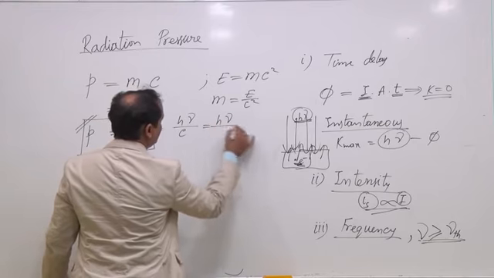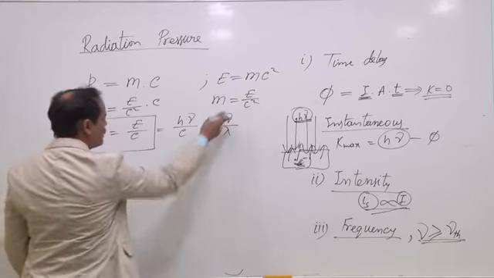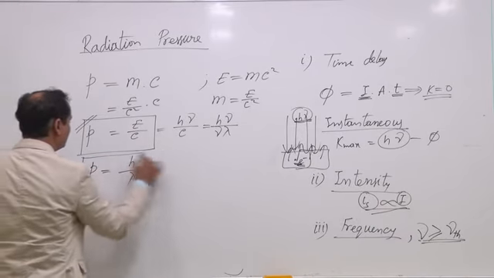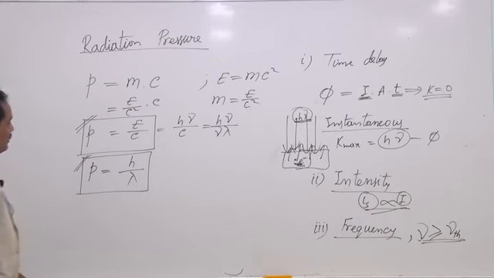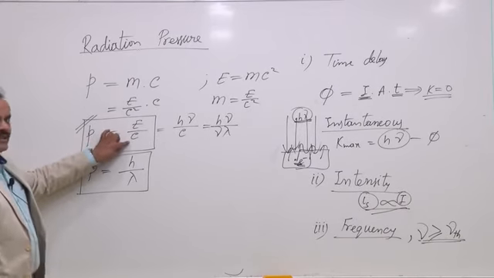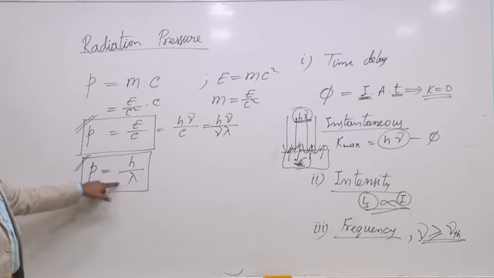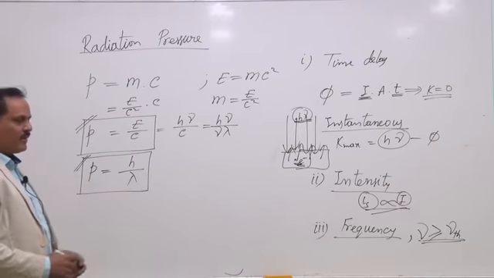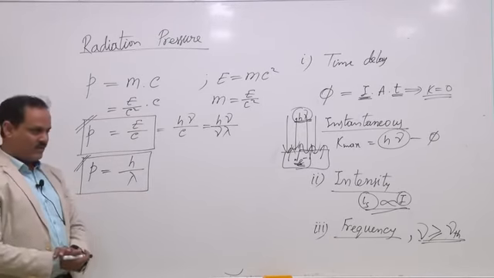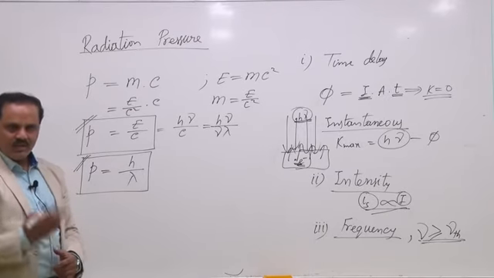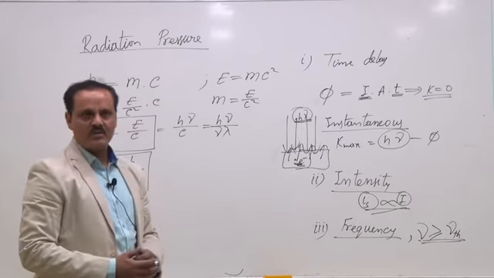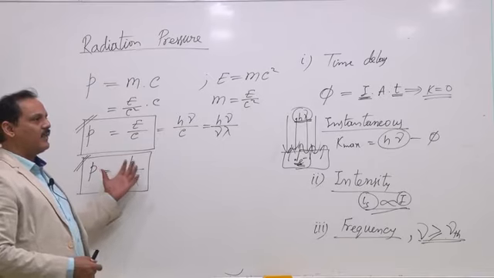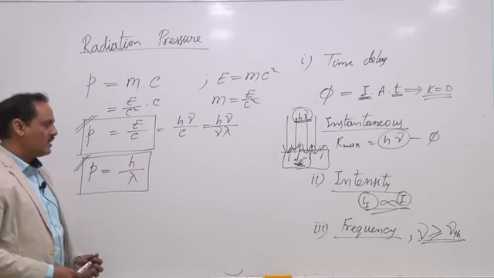And as you already know, speed is equal to frequency times wavelength, so we can also write the momentum of a photon as h/λ. So the momentum of a photon is either E/c or h/λ. When a photon strikes a surface, it may rebound from the surface and its momentum will change, and you know the rate of change of momentum is force, and normal force per unit area is pressure. So when radiation strikes a surface, the surface experiences a pressure.